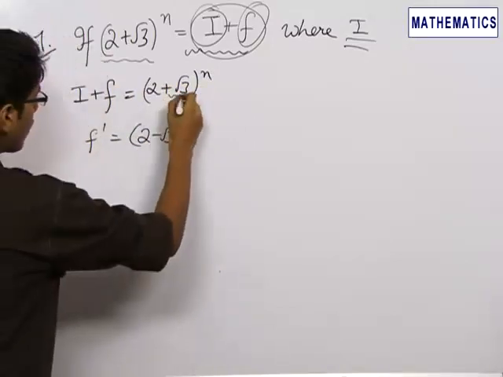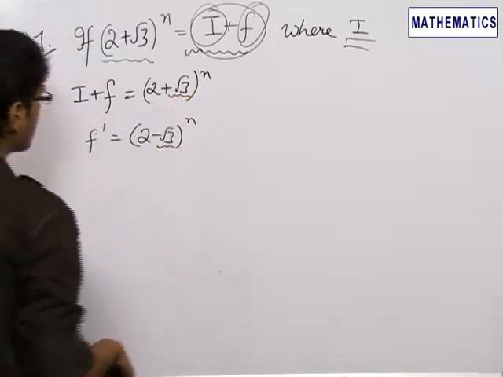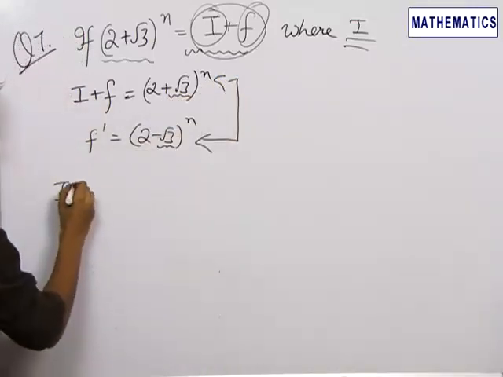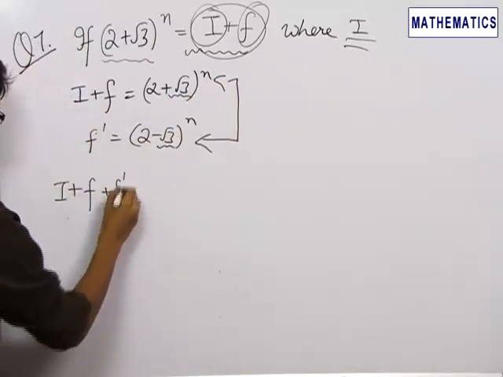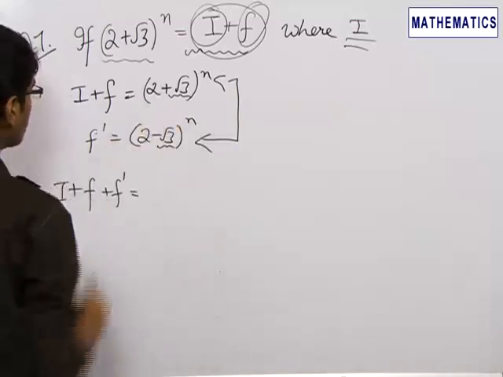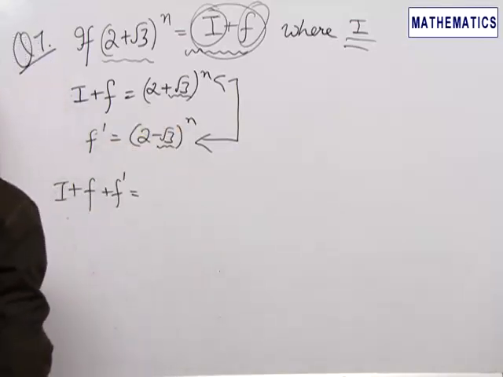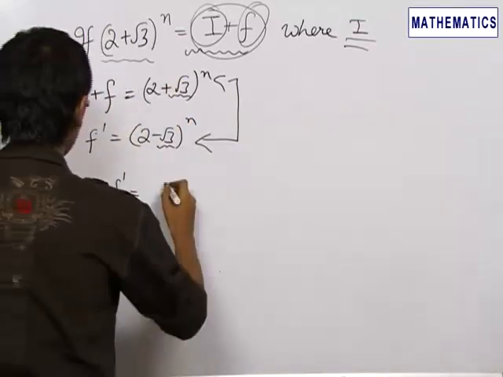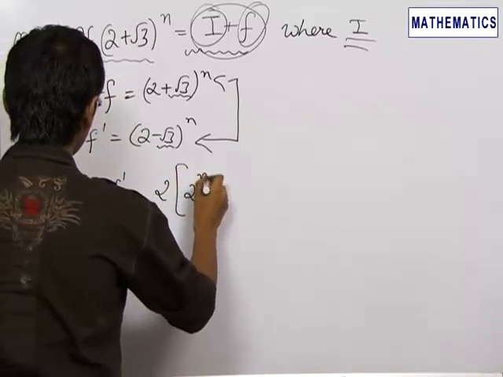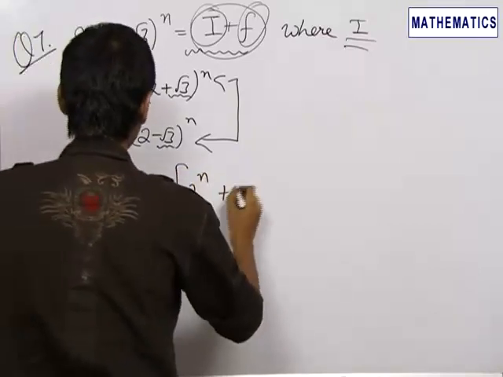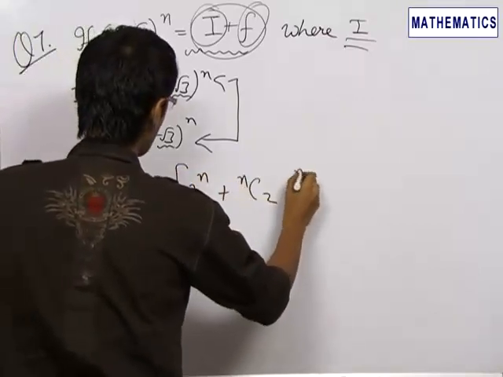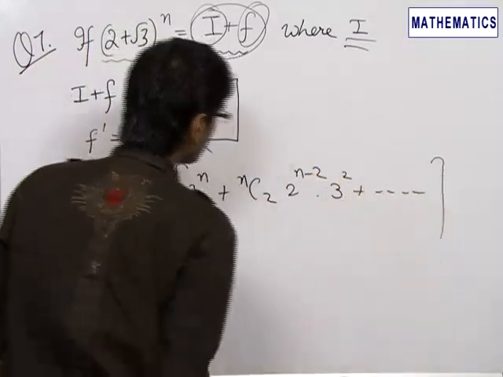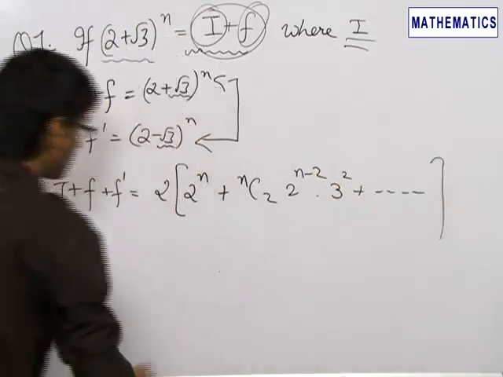Now in order to cancel out these irrational terms, we can very clearly see that if we add I + f and f', the root 3 terms will get cancelled out, and what we will get is just the rational terms, which is equal to I + f + f' = 2 times [2^n + nC2 2^(n-2) 3 + ...], and similarly going in the same fashion we need not write the other terms.